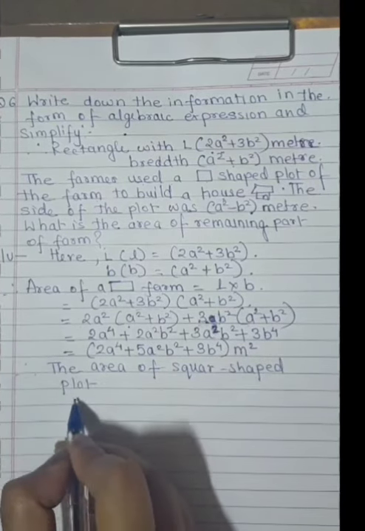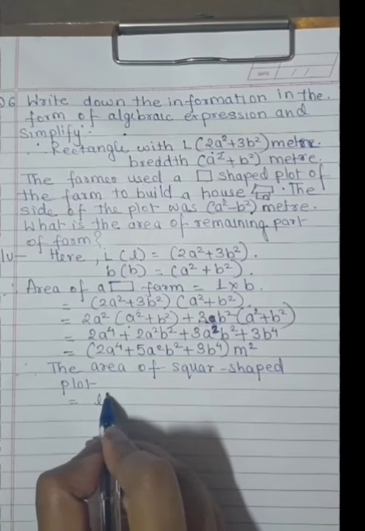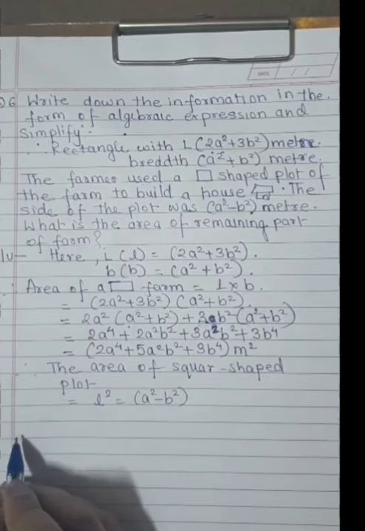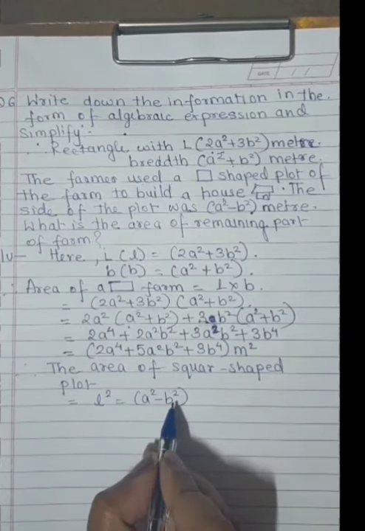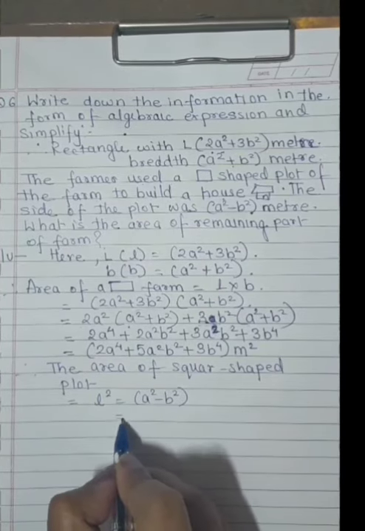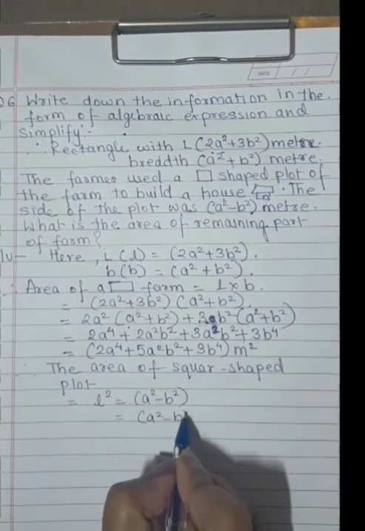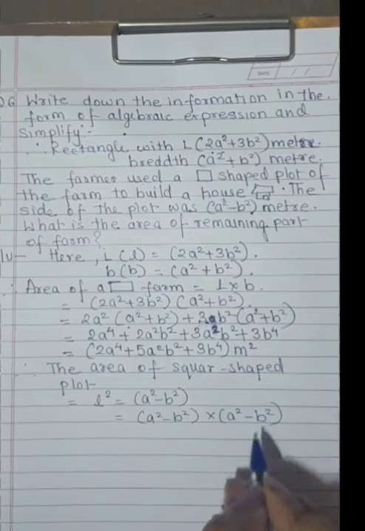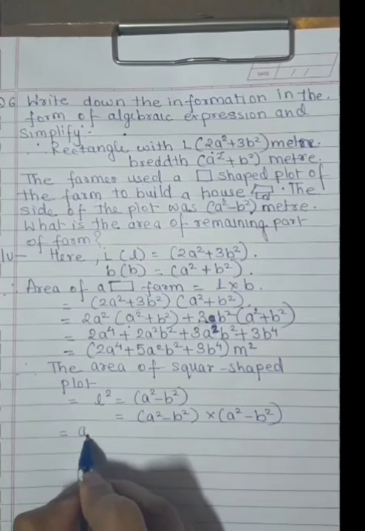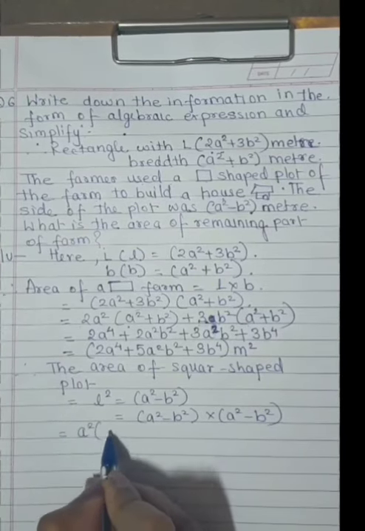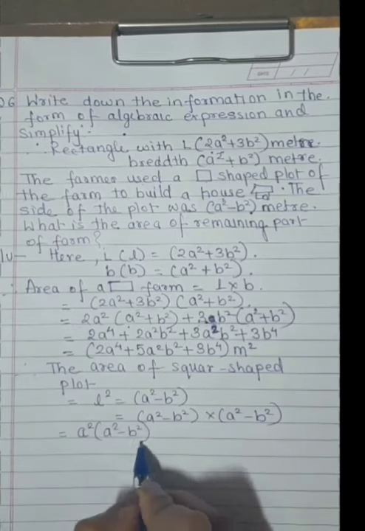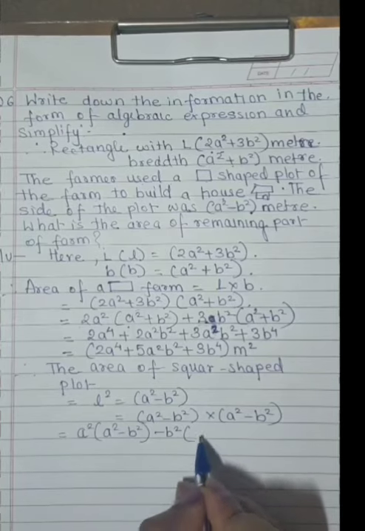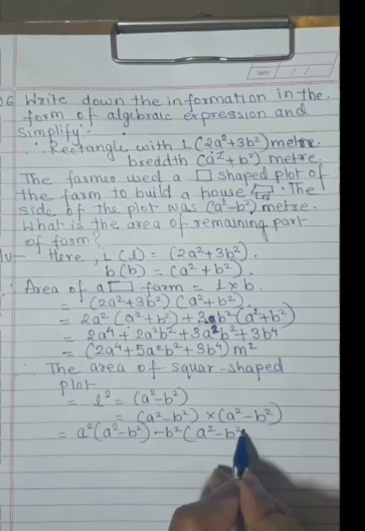Okay, that is length square equal to a square minus b square. So here it will be a square minus b square into a square minus b square. So now here again a square, inside this a square minus b square will come, again this minus b square here it will come, again the same bracket will repeat here.